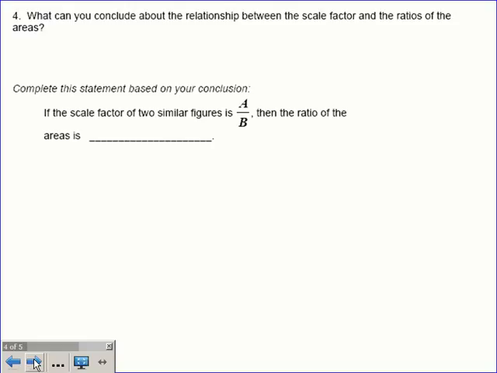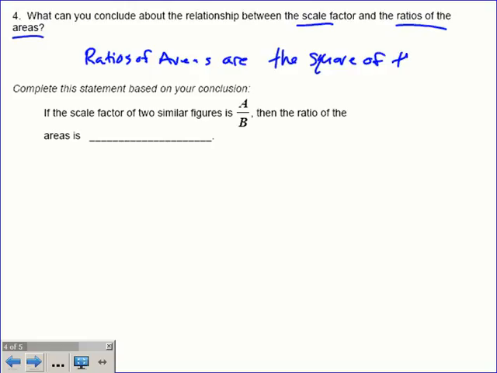Next one. What can you conclude about the relationship of scale factor to the ratios of areas? Okay, so the ratios of areas are the square of the scale factor.